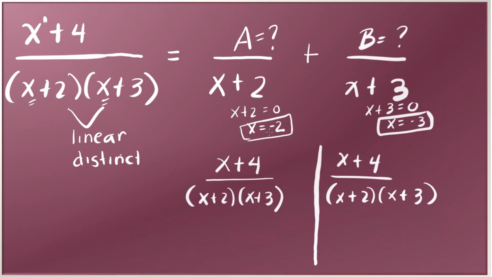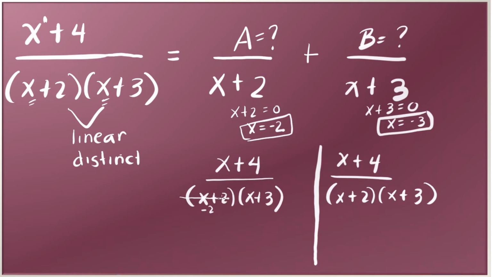All right, now when you plug in the value negative 2 to x in this rational expression, what's going to happen with this part of the expression? This part becomes 0, negative 2 plus 2. And because the denominator is 0, then it's going to be undefined. So what we do is cancel this out to make the calculation possible.